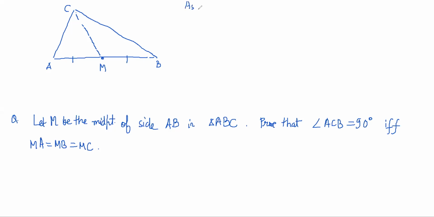Assume MA is equal to MB is equal to MC, and using that prove that angle ACB is equal to 90. So MC is also the same, suppose. This is not so hard to prove. We can do angle chasing.